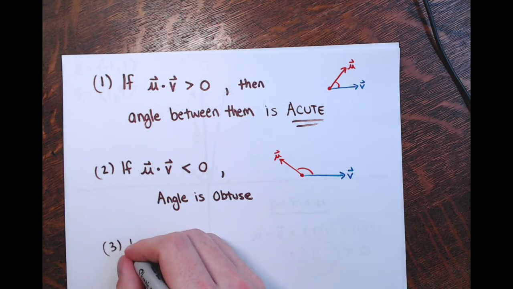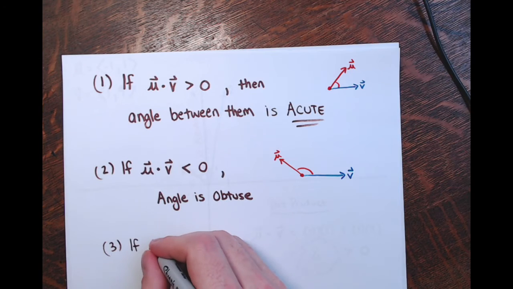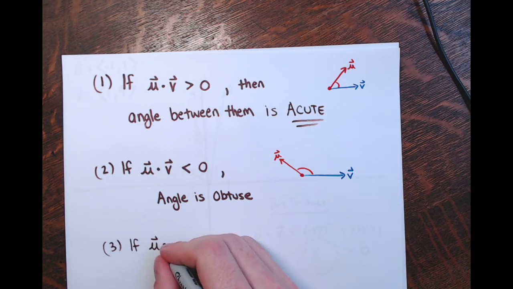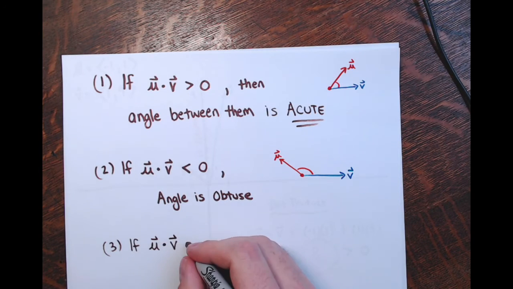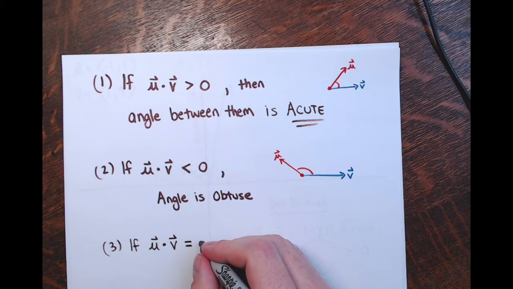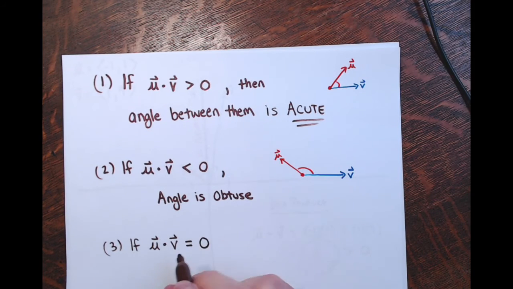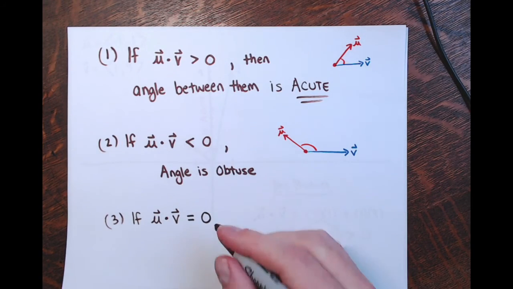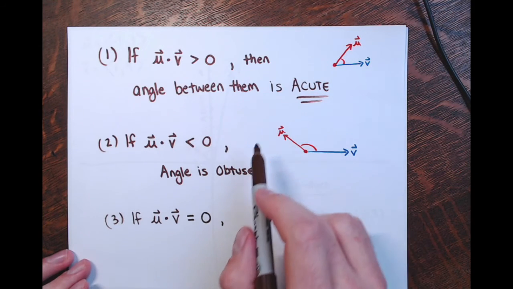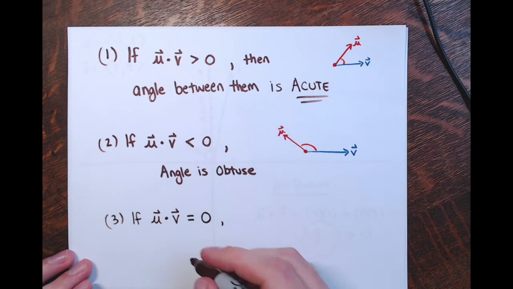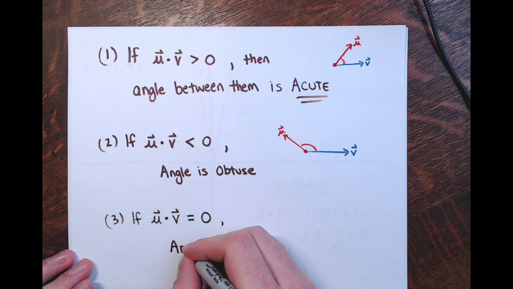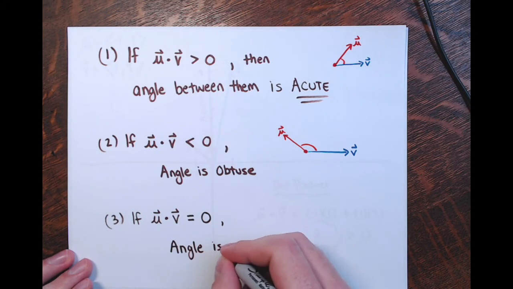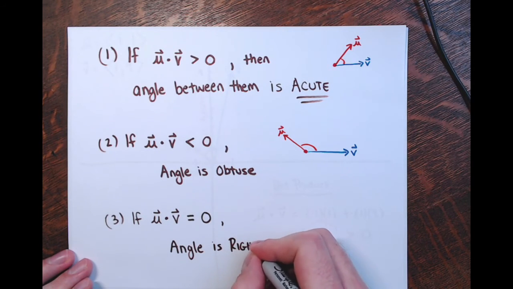And then the big important result that you'll come across in other courses, which again they're not mentioning here, but if the dot product is 0, not greater than 0, not less than 0, but what if it is 0? Well, not acute, not obtuse, it'll be a right angle. A 90-degree angle.